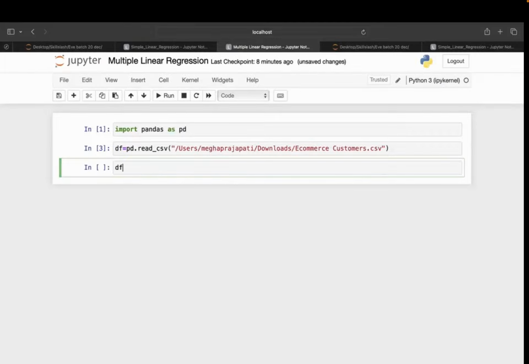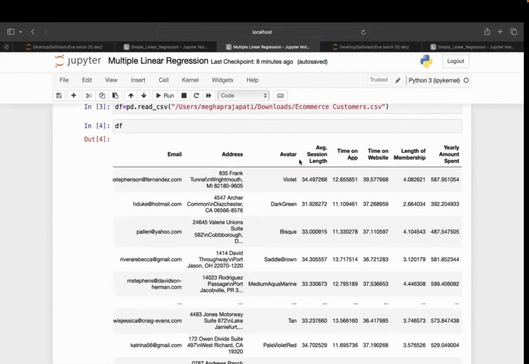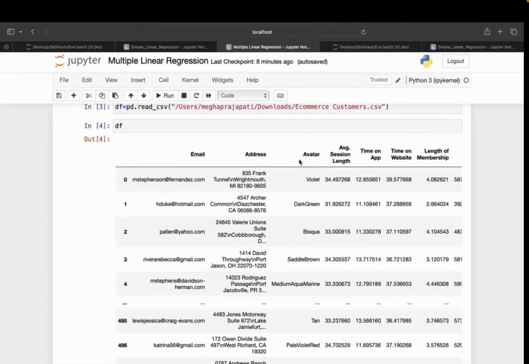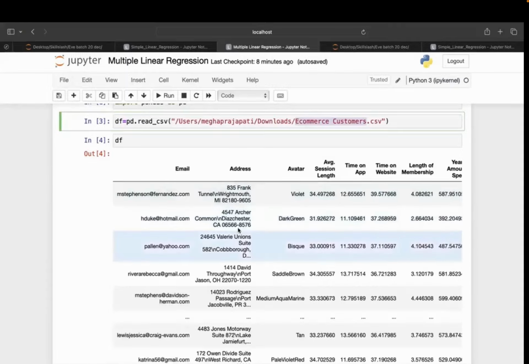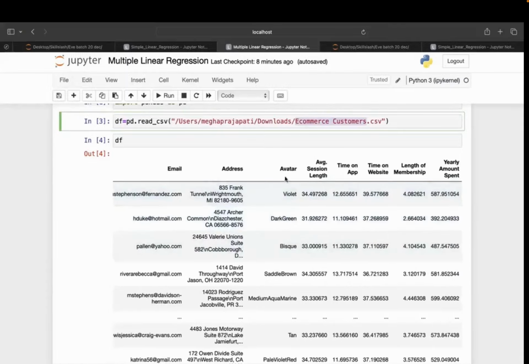Okay, so if you look into the data set, you can see that we are having the data set of e-commerce customers, and this is the customer data set. Okay, where we are having one column as email, another column as address, and the third column which is avatar, fourth average session length, time on application, time on website, length of membership, and yearly amount spent.